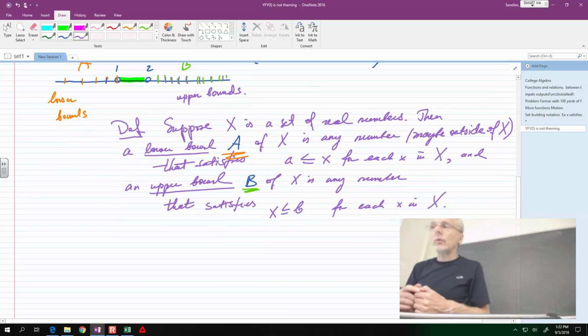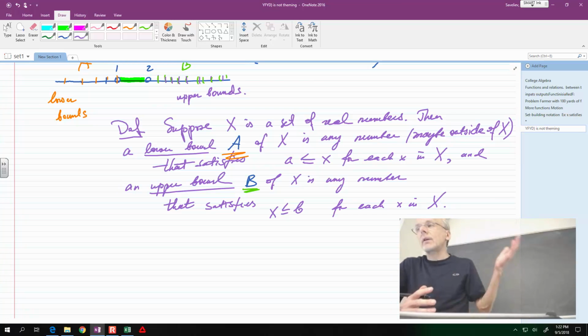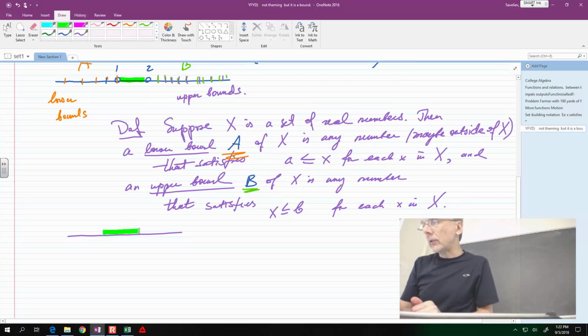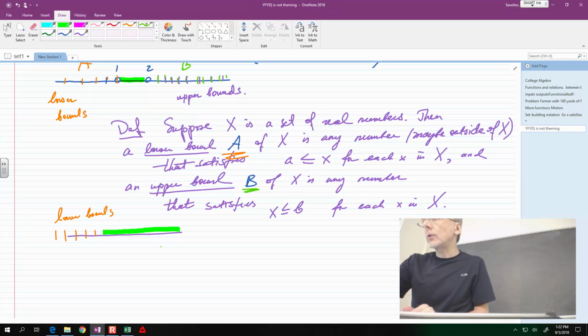So it's all just about real numbers, and this is how they're spread out. More examples would be if my set looks like this, so it's infinite. Then what does it mean? I still have my lower bounds, and it's possible that I have no upper bounds.